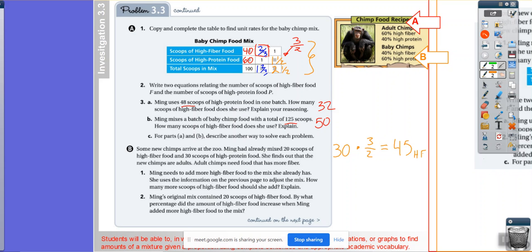Okay. So let's just double check really quickly. If we have 45 total scoops of high fiber and 30 scoops of high protein, that's 75 total scoops, right?